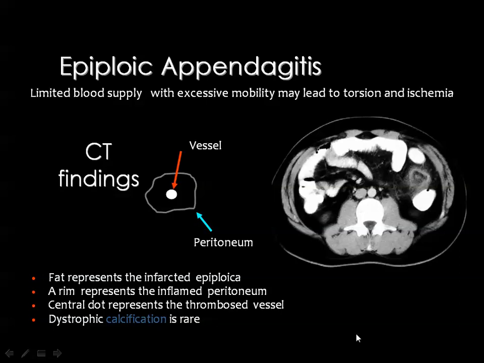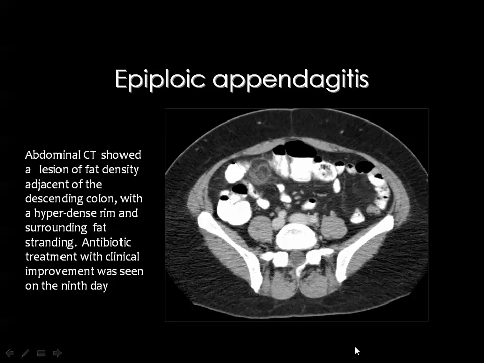And if healing occurs, you may see some dystrophic calcification at the site of the lesion. This is another example, and I have to say that diagnosis of appendages epiploica is difficult, and is usually the diagnosis of exclusion.